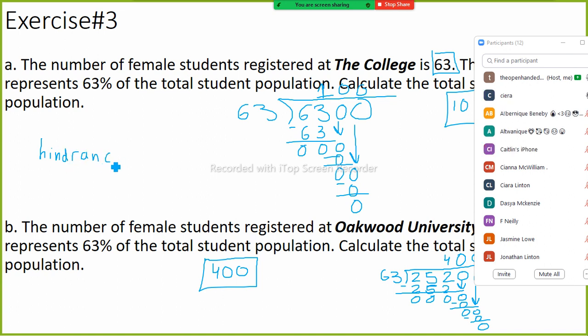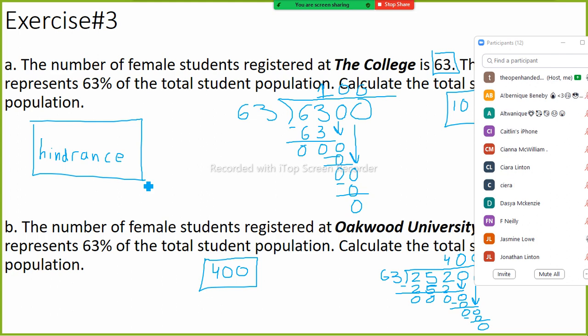Hindrance is something bad coming from something or somebody, like an obstacle or a blockage. Yes, I heard this word before. Or a break or something. Obstacles.